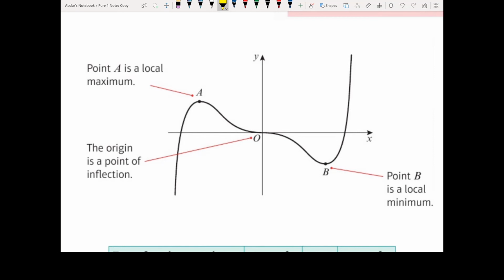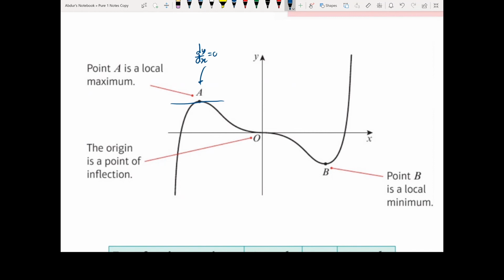Now, certain things to understand here. At the local maximum, if we were to draw a tangent at that particular point, it would be completely horizontal, and we know that when we have a horizontal line, its gradient is 0. So at the point A, dy by dx, i.e. the gradient, is equal to 0.